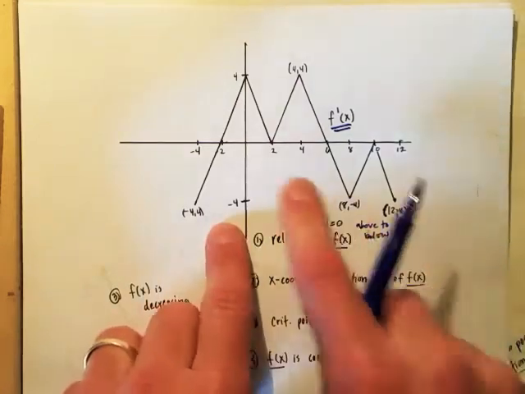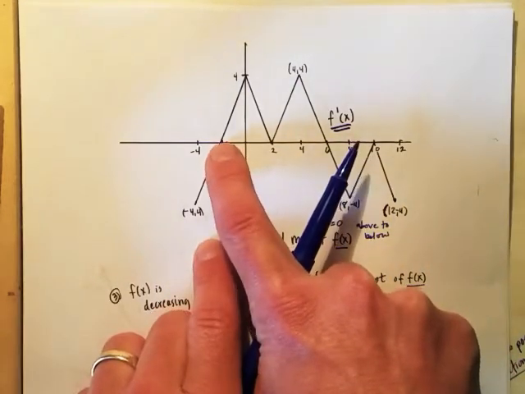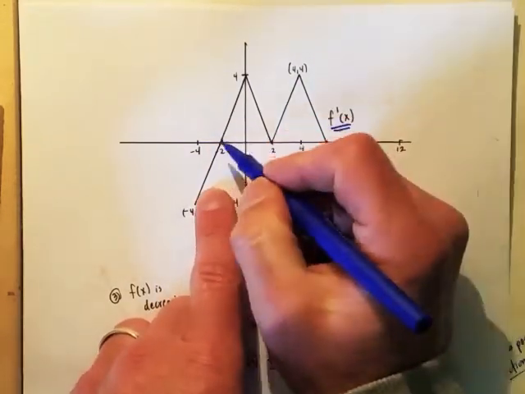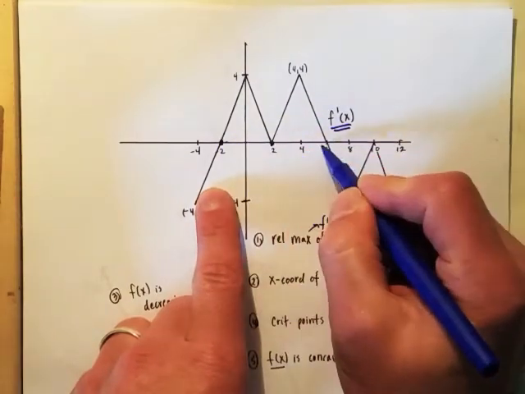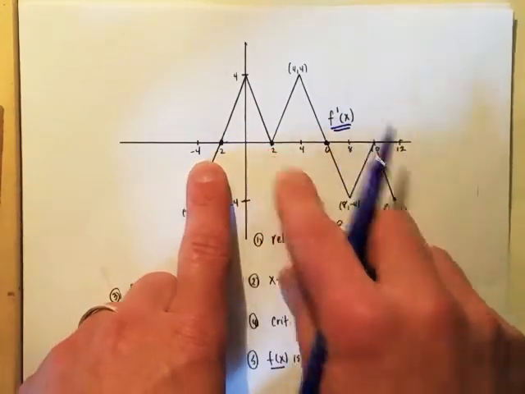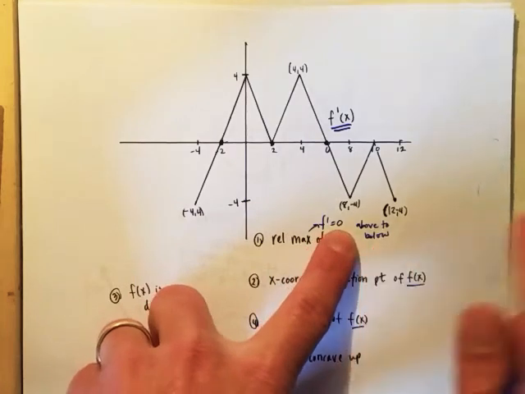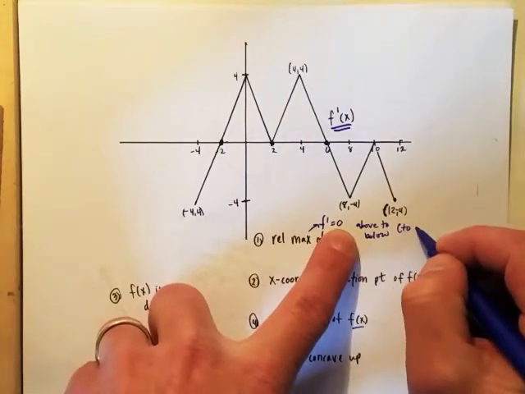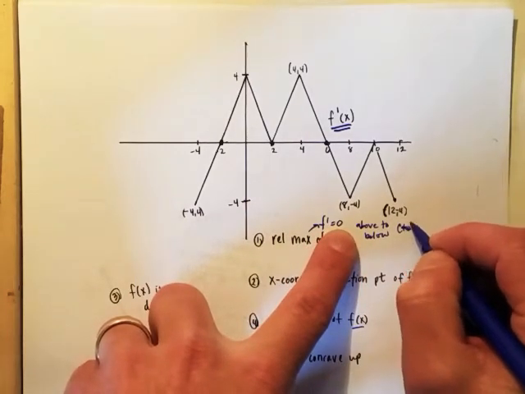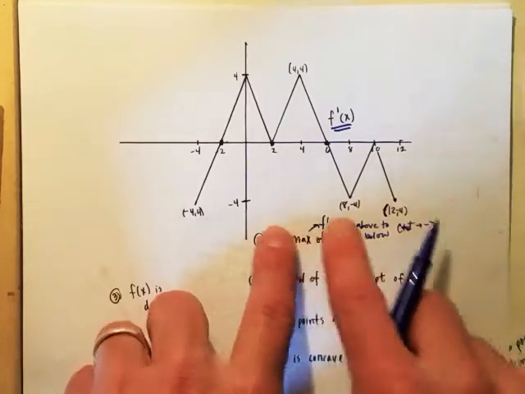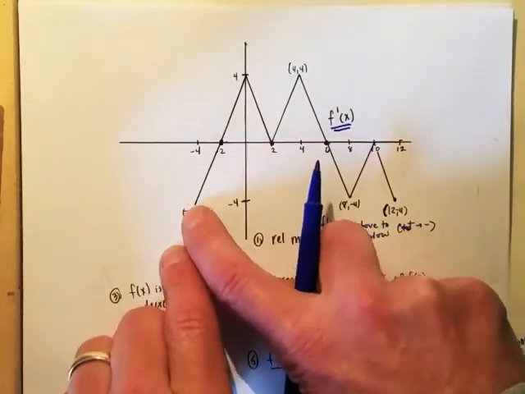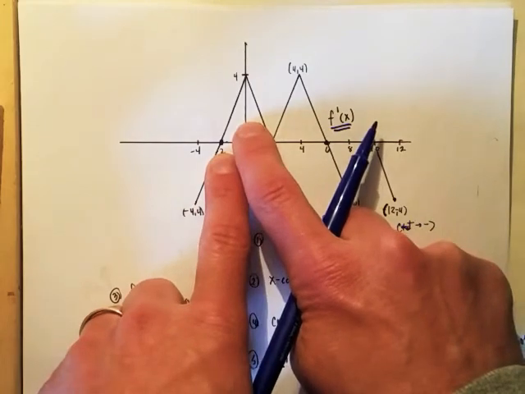So let's just look. We have f prime values of 0 here, here, and here, right? If I wanted to mark those with a check, I don't know that all three of those are maximums, because it has to go from above to below, positive to negative. So let's see here. This one, if I read it from left to right, goes from negative to positive.